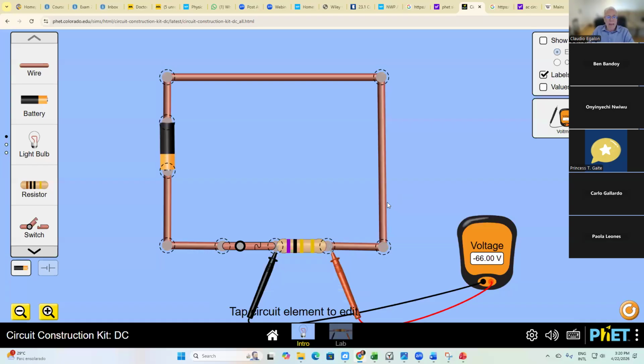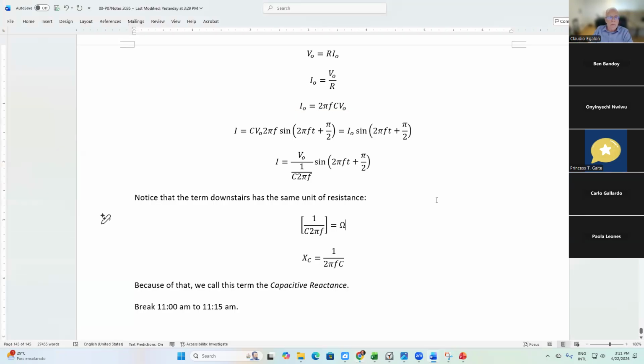And let me get I need to get to the spreadsheets for lab 4. Someone is trying to come in.